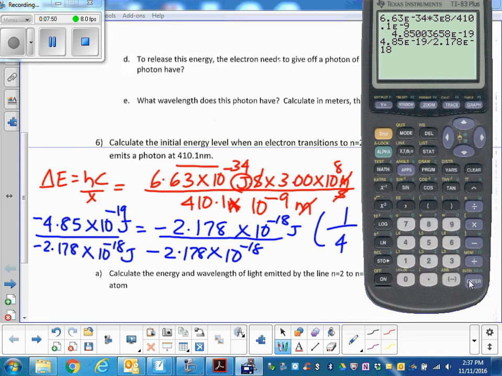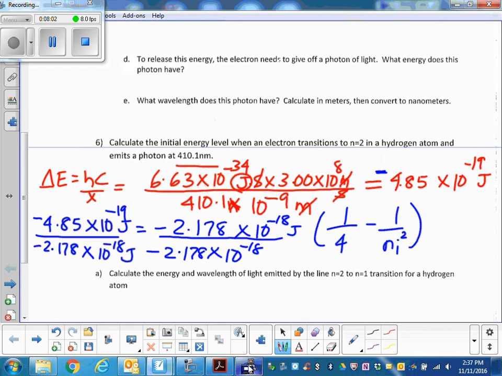Is that right? And what is my answer? 0.222. I'm going to keep it as 0.222 or 0.223, however you want it. 0.223 equals 1 by 4 minus 1 by Ni squared.